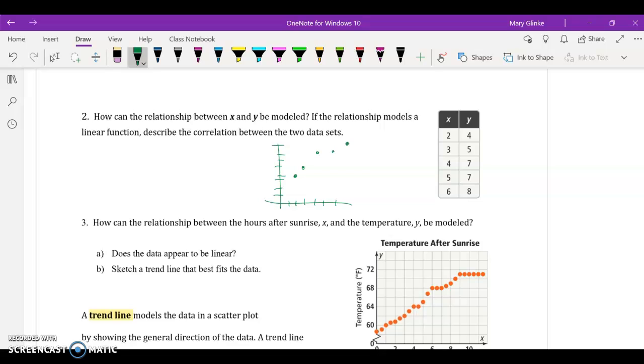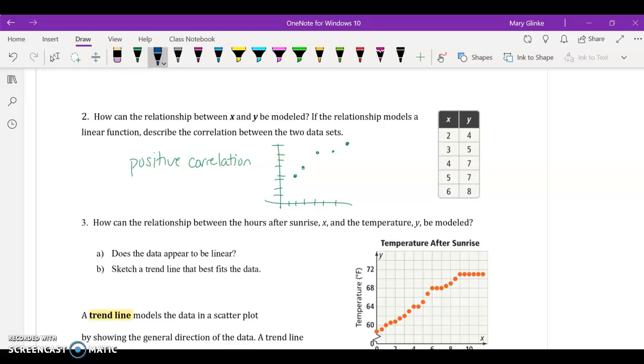If you don't have your data points graphed, if they're given to you in a table, we can graph them and all of a sudden see that yes, these actually do follow a positive correlation. They also look like a line.